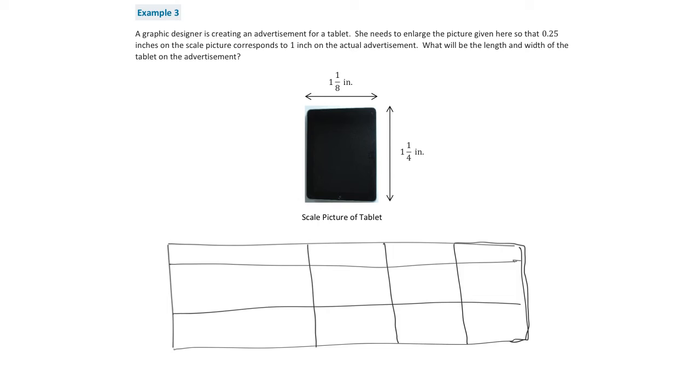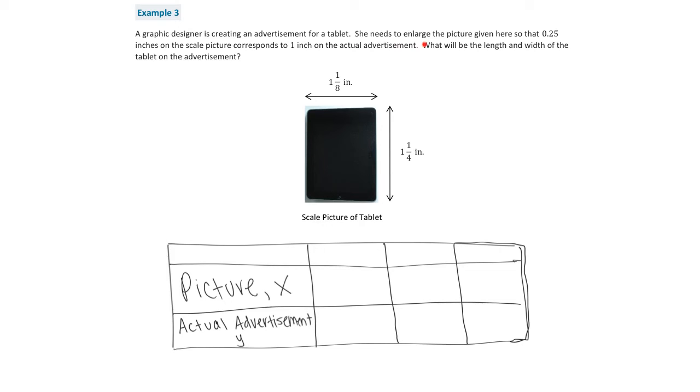So first we have our picture, which is going to be our X value. And then we have the actual advertisement, which is our Y value. Now let's look at the problem again.